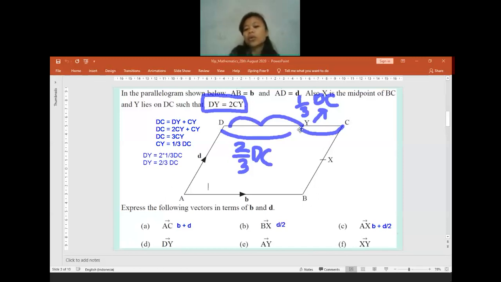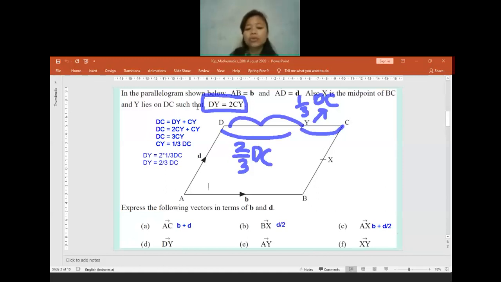So in total I can see that dc is divided into 3 equal parts. That's why dy gets 2 lines, and I write it as 2 per 3 of dc. And then cy only gets 1 line out of 3. That's why it will be 1 per 3 of dc. This is if you try to draw the diagram.